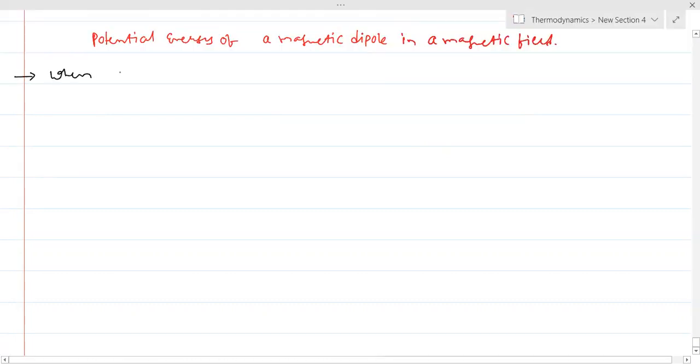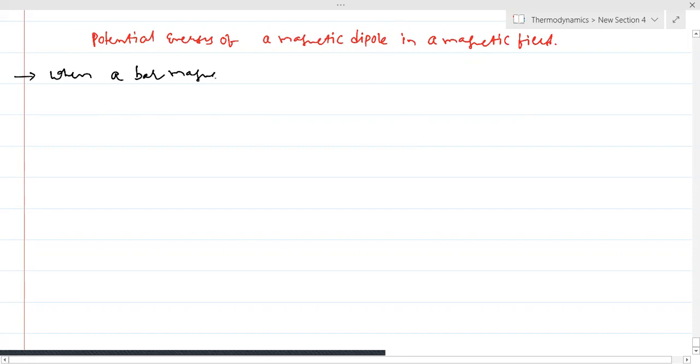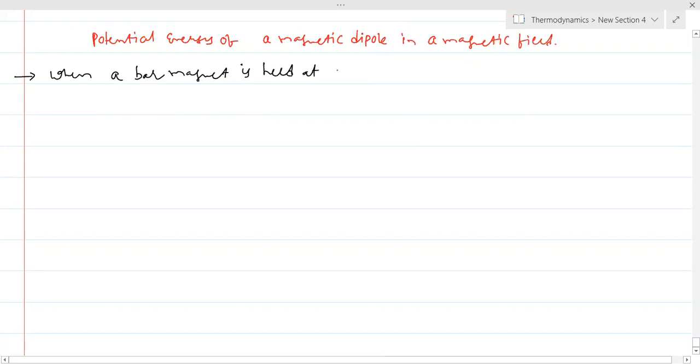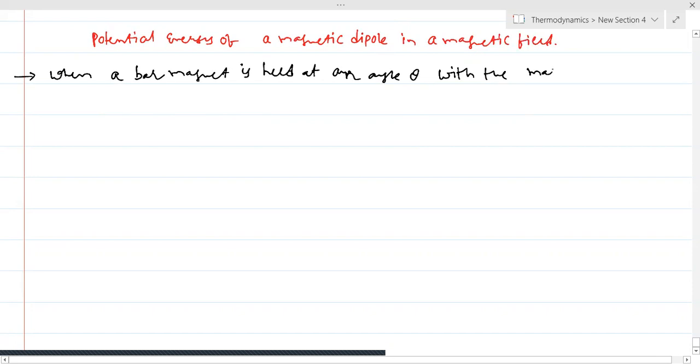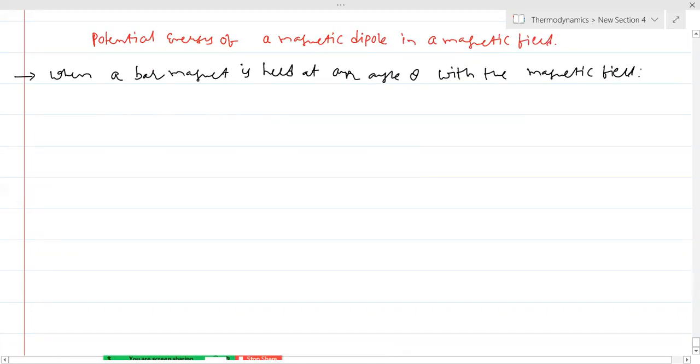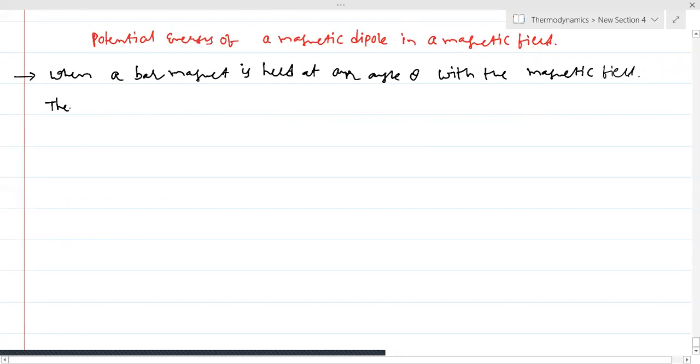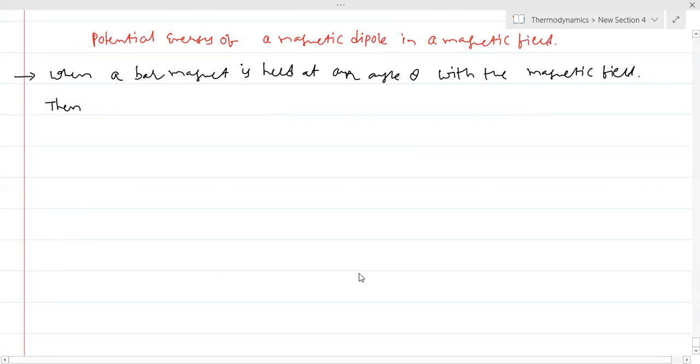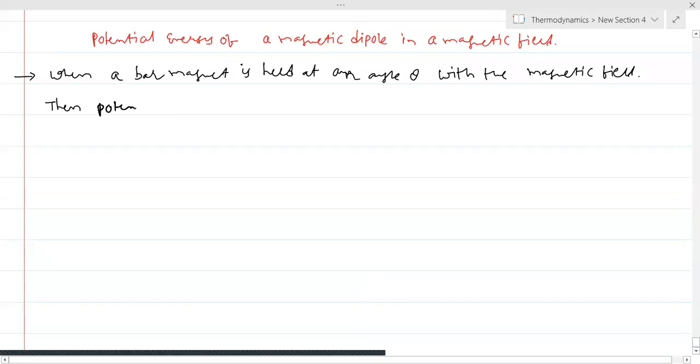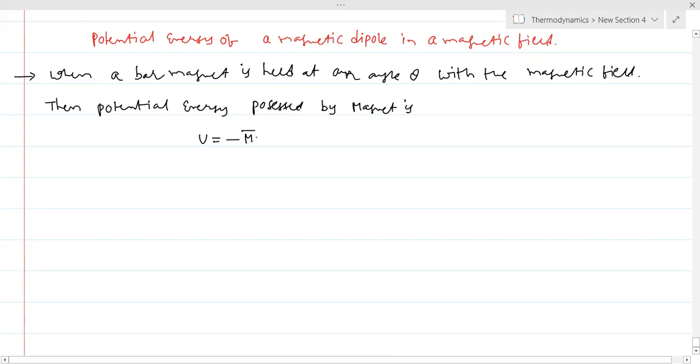When a bar magnet is held at an angle theta with the magnetic field, then the potential energy possessed by the magnet, simply we will call it E equivalent to minus m bar dot B bar, or E equivalent to minus mB into cos theta.